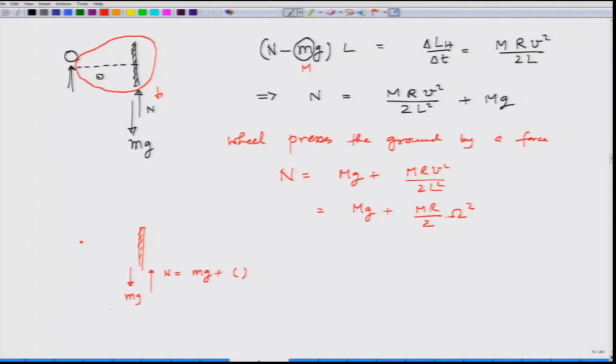So, to keep it in balance, so that it does not move in the vertical direction, the pivot out here must be applying a force N minus mg at this point, and therefore, by Newton's third law, the pivot is going to be pulled up by this force N minus mg. So, with time it will tend to come out. So, this is on the side.